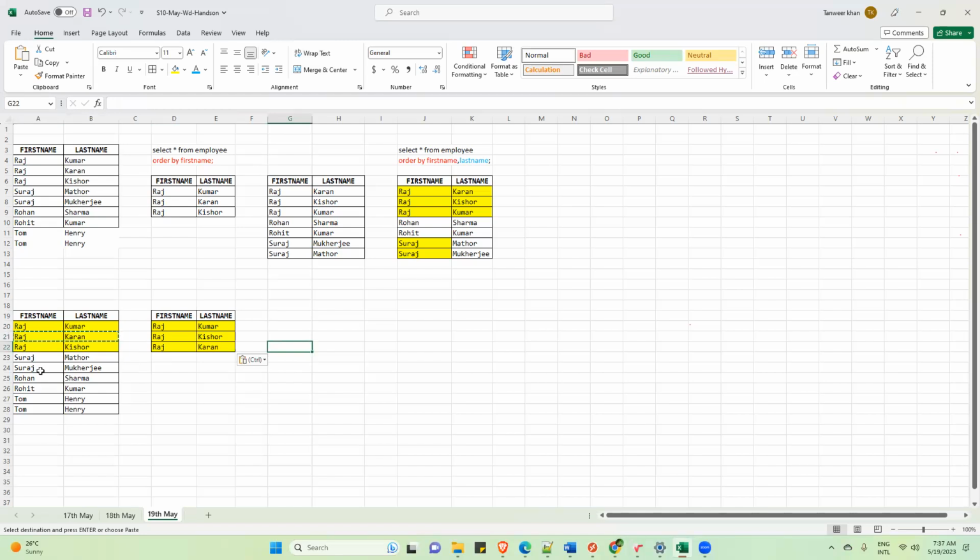Then you have Suraj Mathur and Suraj Mukherjee. They have the same first name, so based on the first name, can the engine take any decision? No. So what will the engine do? It will consider the last name, but in descending order. Which record will you keep on top?